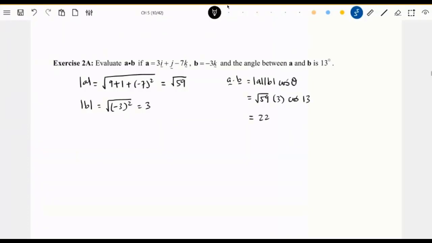But we don't have degree here. This is not a degree value. Degree is only for your angle. This is a normal value, like a length. Okay, 22.45, isn't it? Alright, so 22.45 for exercise 2A.